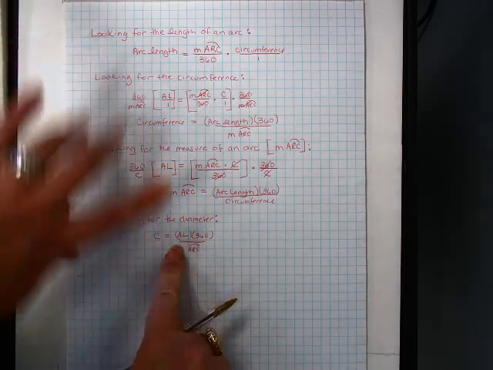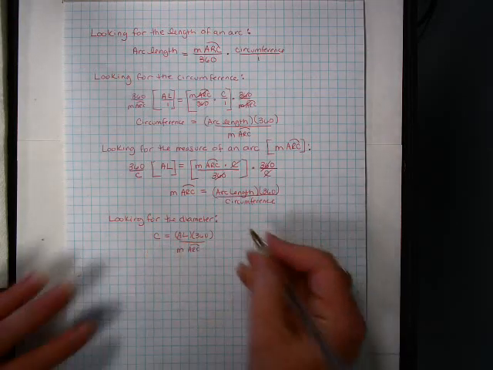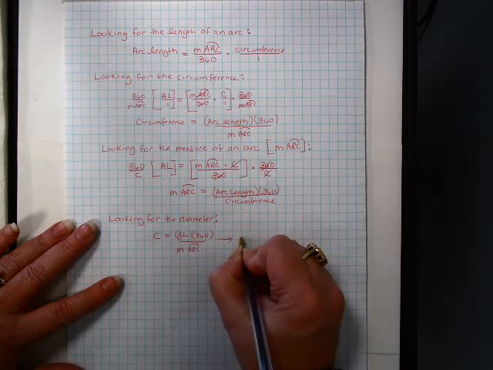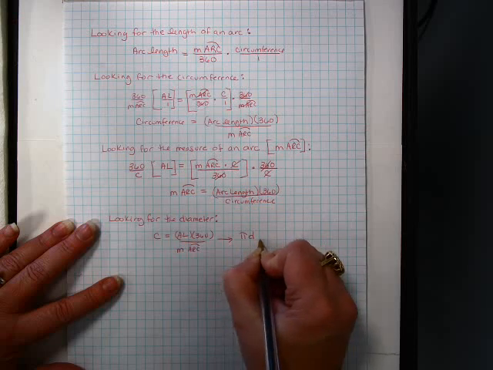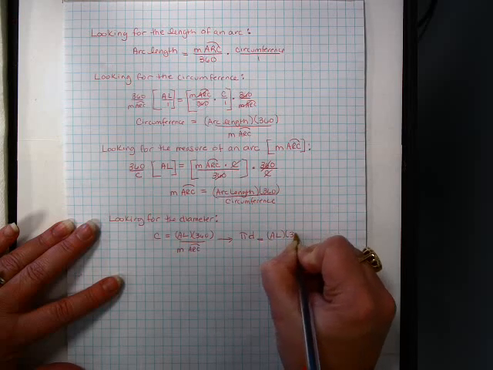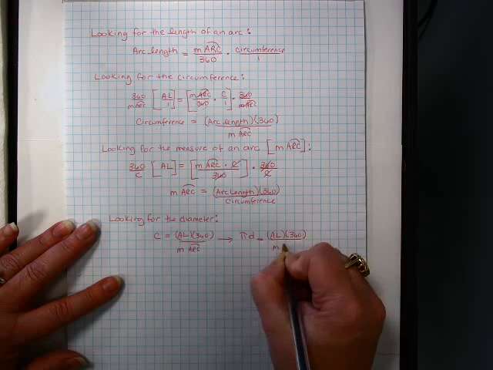Okay, so that's where I'm going to start. But I'm going to change this into pi times diameter. Okay, so this becomes pi times diameter is equal to the arc length times 360 divided by the measure of the arc.